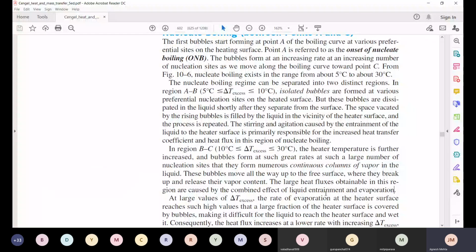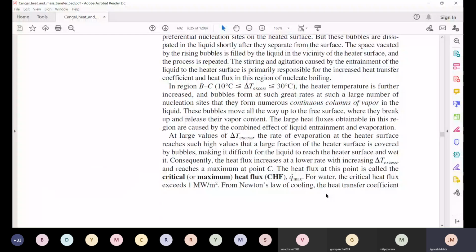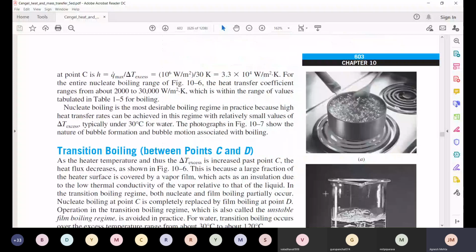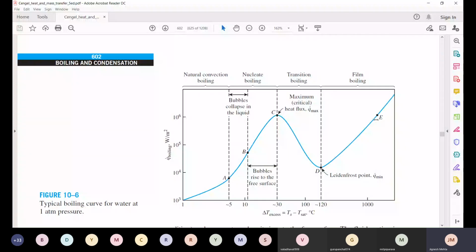That is when the temperatures are high enough, and even in transition boiling, if you try to go beyond this in the case of water, it may jump to point E, and after that the heater may burn, right? Because the temperature has become very high.